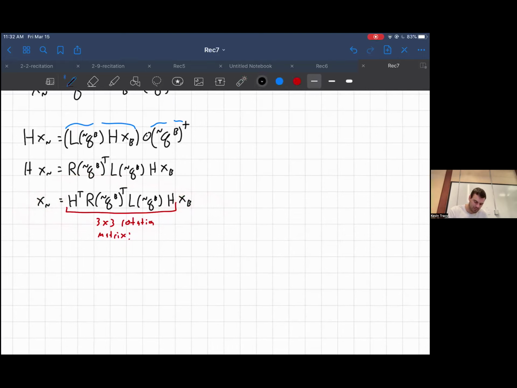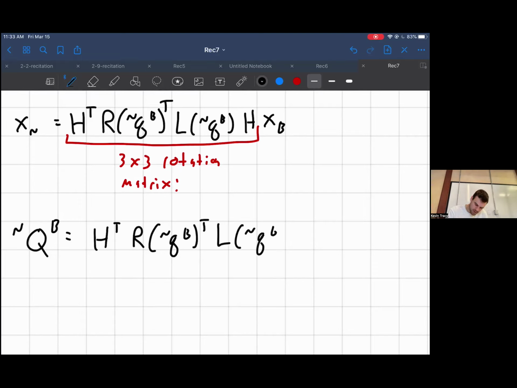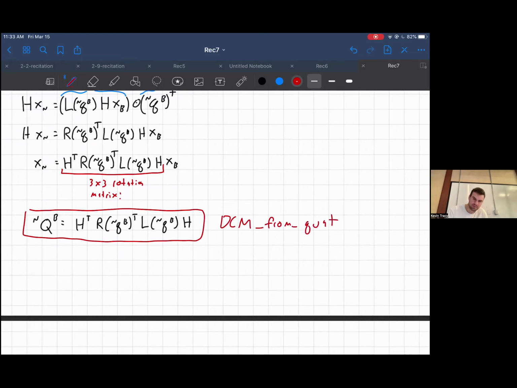And this is cool because this tells us that Q of NB equals H transpose R QNB transpose L QNB H. So just like that, here's how we do GCM from a quaternion.